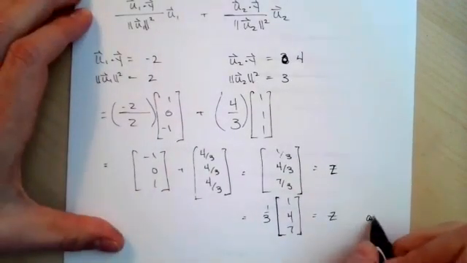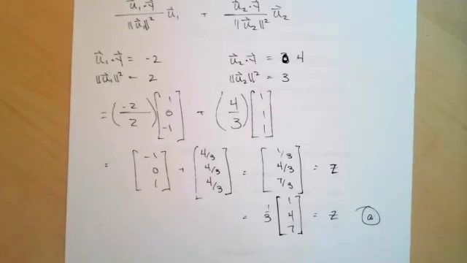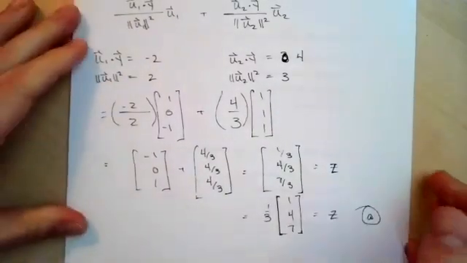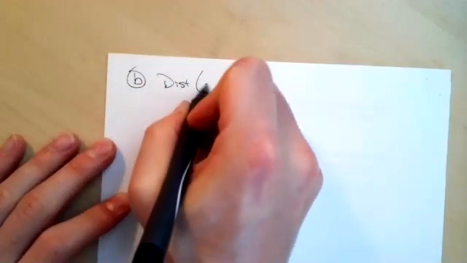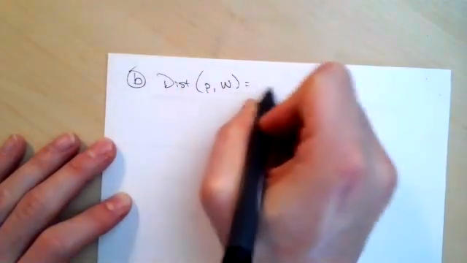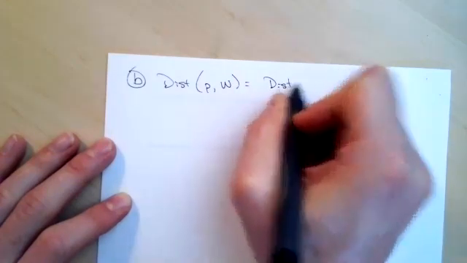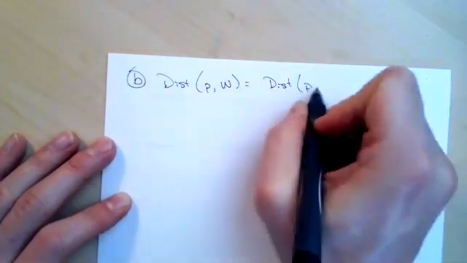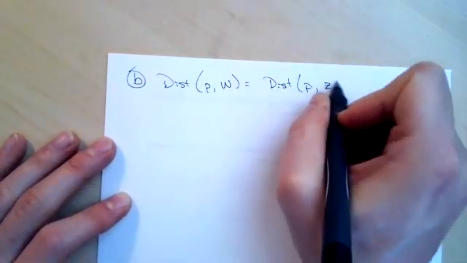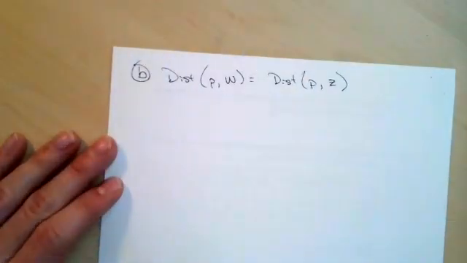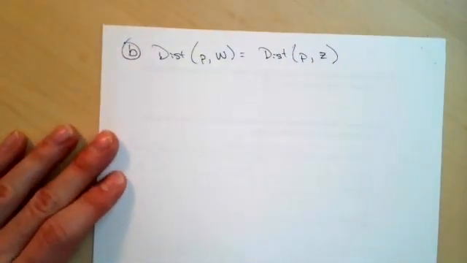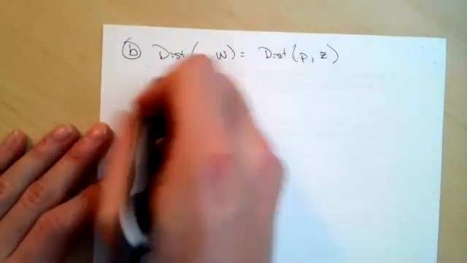So this was part A. Find the point closest to it. Part B says find the distance. Since we found the point closest to it, the distance from P to W is now going to be the distance from P to Z. Which is fairly easy to compute.